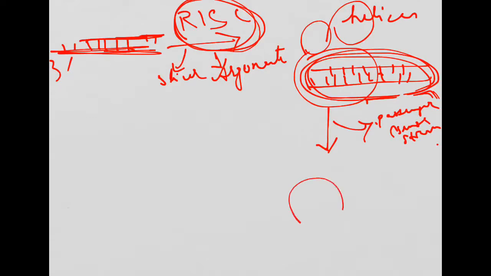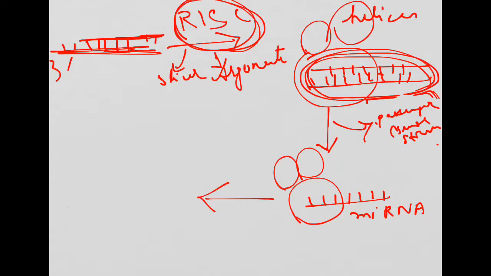Now the RISC protein only has the single-stranded miRNA molecule that has a sequence complementary to the target mRNA molecule, whose expression is going to be stopped. Okay, so this is the antisense strand because it will have a sequence complementary to the sense mRNA molecule, or target mRNA molecule.